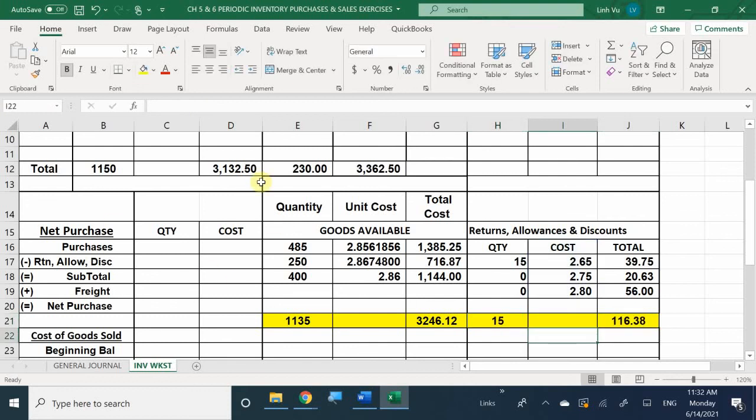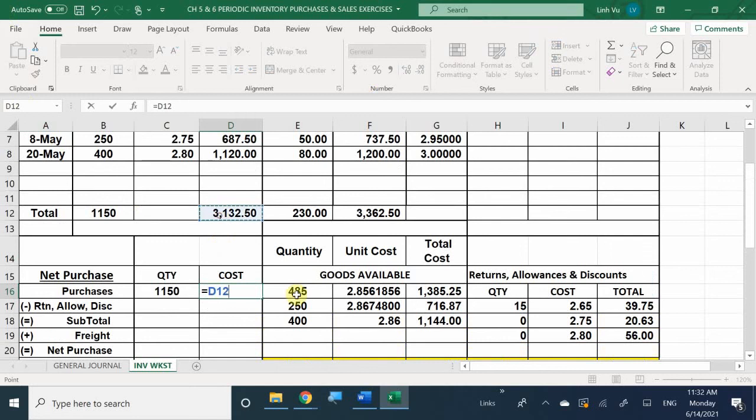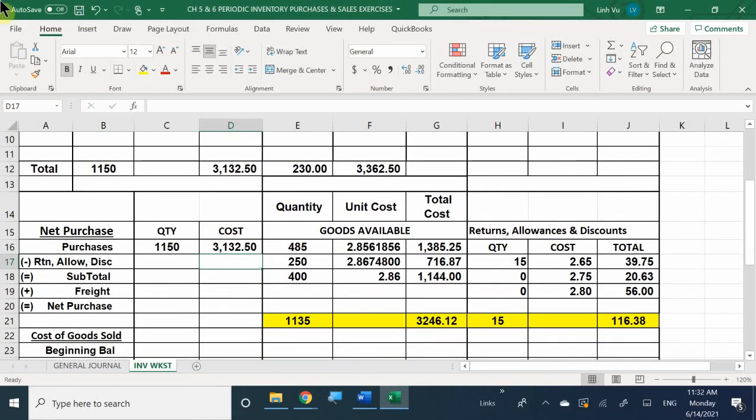Let's go ahead and plug into our little calculated table here on the left. So I originally purchased a total of 1150 at a total purchase price of 3132.